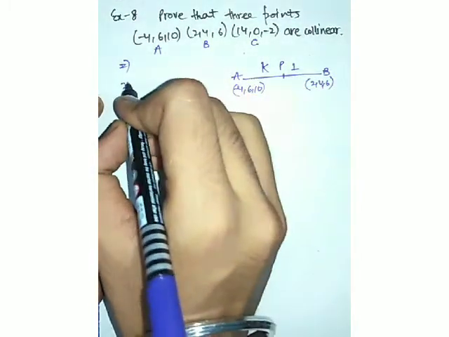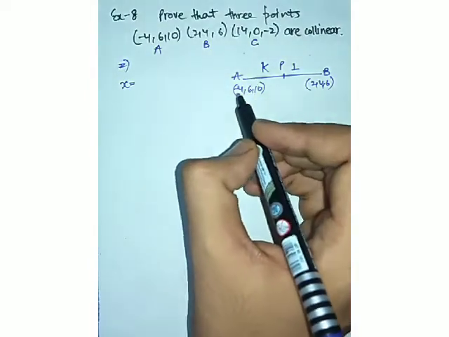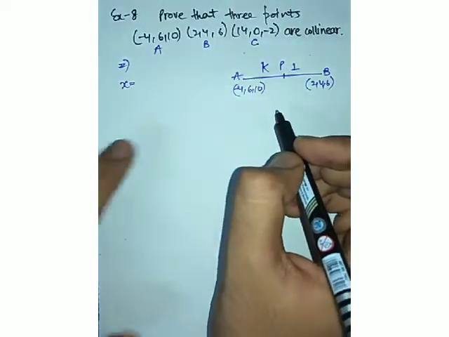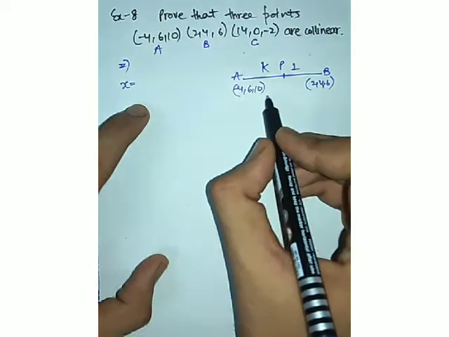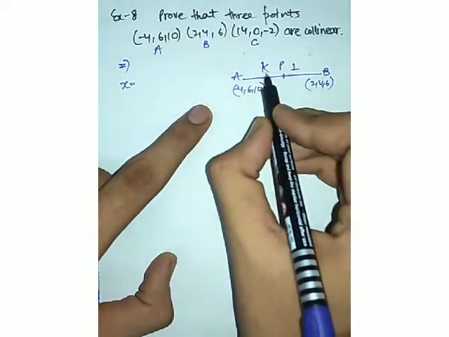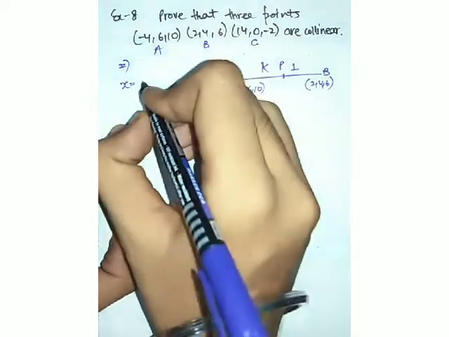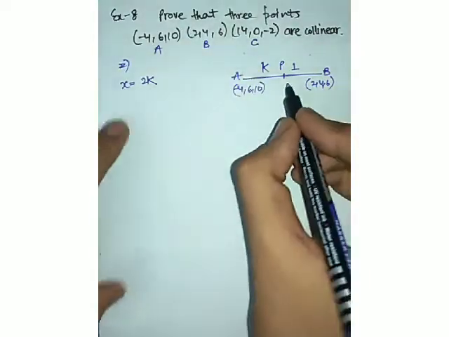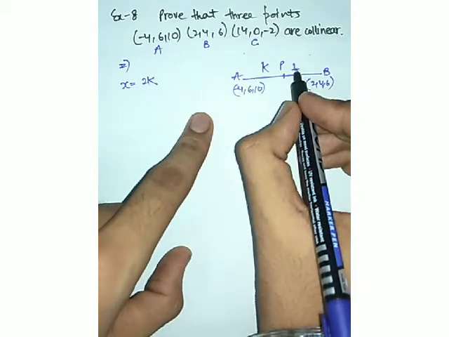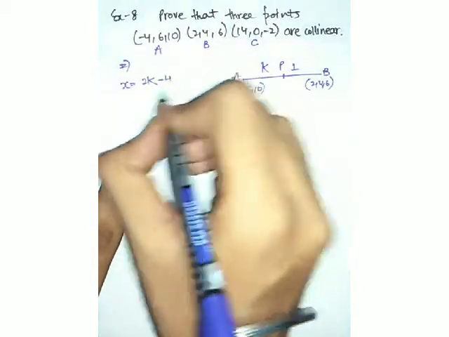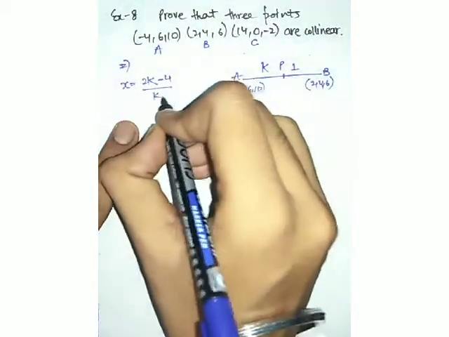So the x coordinate of P will be, of course, mx2 plus nx1, right? So mx2, what's n? That is k, and 2 is our x2, so that is 2k, plus nx1, 1 times minus 4, that is minus 4, upon m plus n, that is k plus 1.